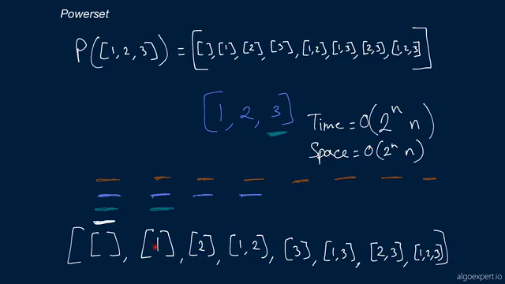And then each of these subsets has, on average, n divided by 2 elements. So multiply that by 2 to the power of n. Get rid of the divided by 2, because n divided by 2 converges to n in terms of complexity analysis. And so we've got a space complexity of 2 to the power of n times n.